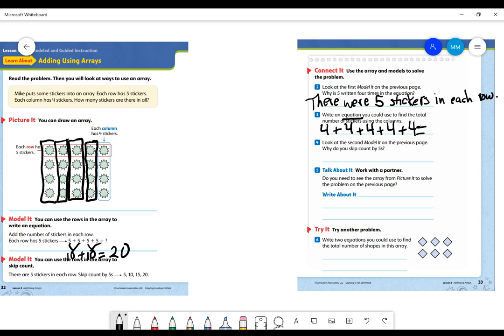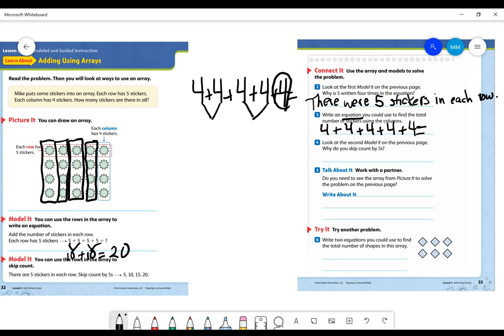Now, I have to solve this equation. So I'm going to write it out here. I have 5 columns of 4. So that means I am adding 4 5 times. I am going to make brackets, and I'm going to circle the leftover 4 so I don't forget to add it.